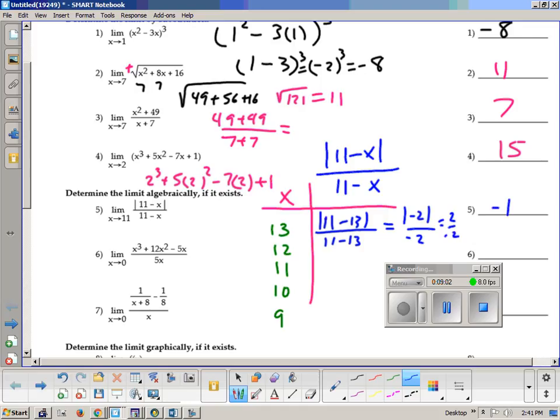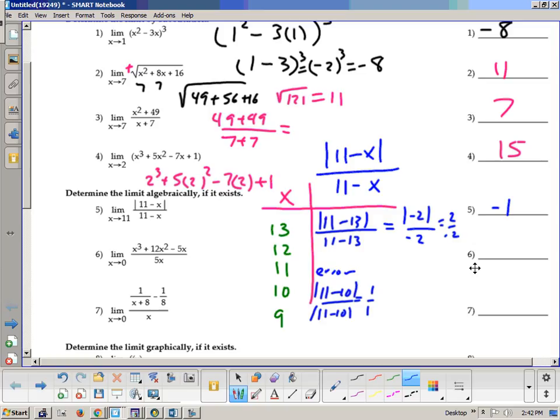But then if I put a 12 in, the same thing's going to happen. And then my 10 is going to get me 11 minus 10 over 11 minus 10. And that's going to be 1 over 1, which is going to get me a 1.